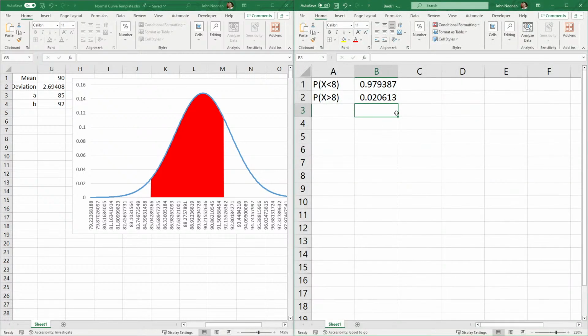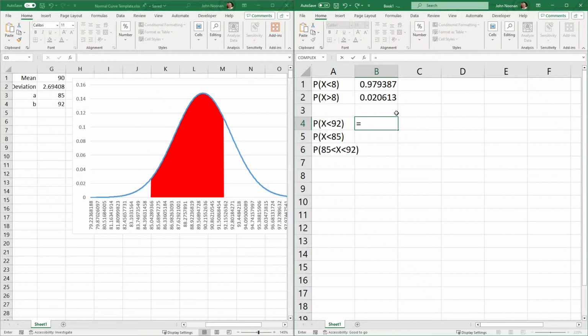Here we go. And so you remember that if you need to go between two numbers, what we're going to do is the probability that x is less than 92, and then the probability that x is less than 85, and then we find the probability that 85 is less than x is less than 92 by subtracting those two.